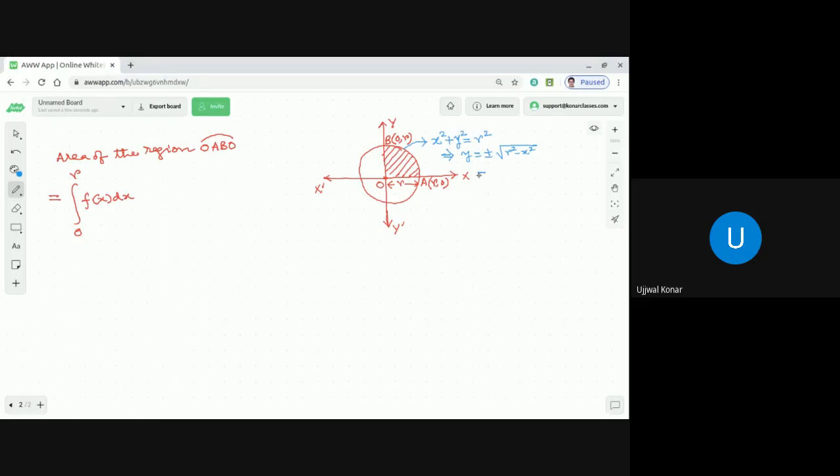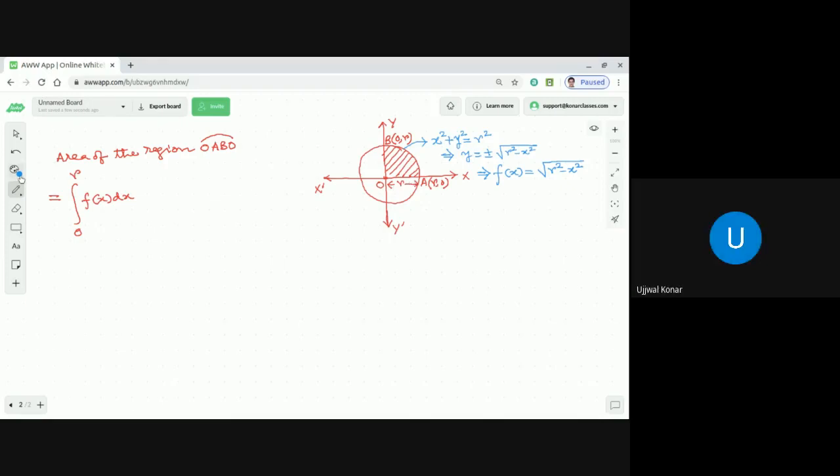So from here, f(x) equals plus minus square root of r square minus x square. But we take the plus part because we take the upper part of the circle. For the lower part it should be minus, because y equals f(x). Lower part of the circle will be minus, upper part will be plus. All of you got it clear?